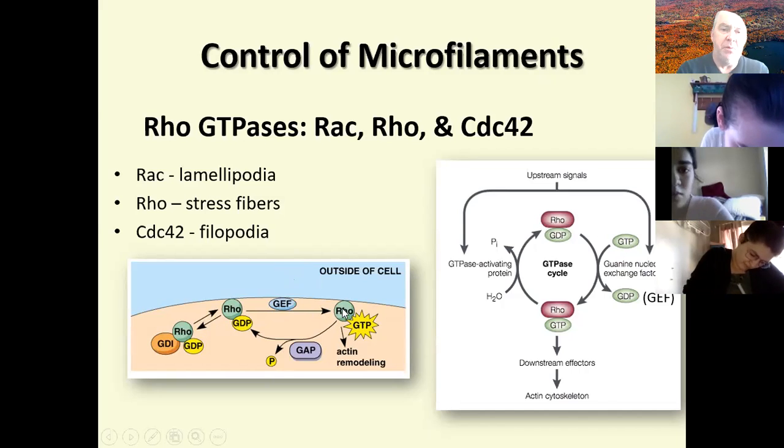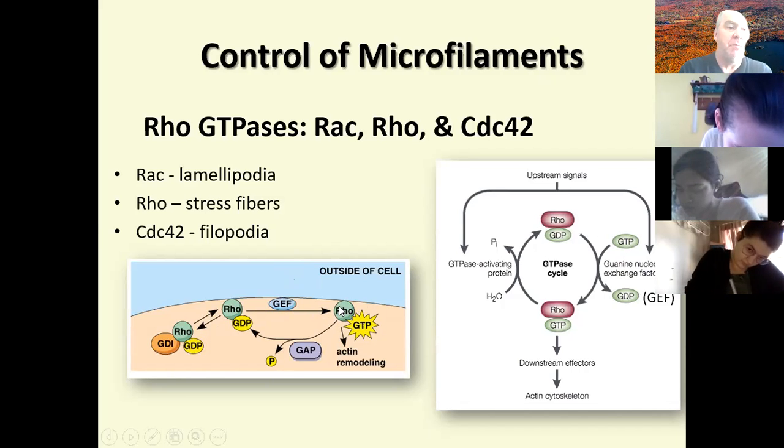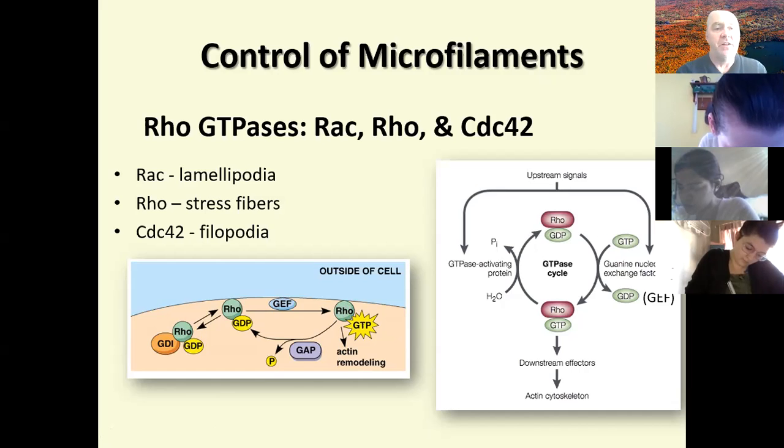Once it's released GDP, it will pick up GTP. Okay, so now it's become active. The receptor is causing that G protein to release GDP, it picks up GTP. And then this will go off and activate some things and cause the actin microfilaments to change.